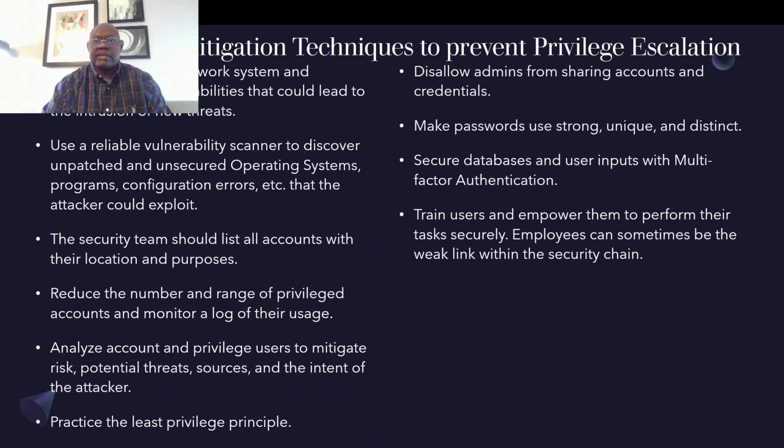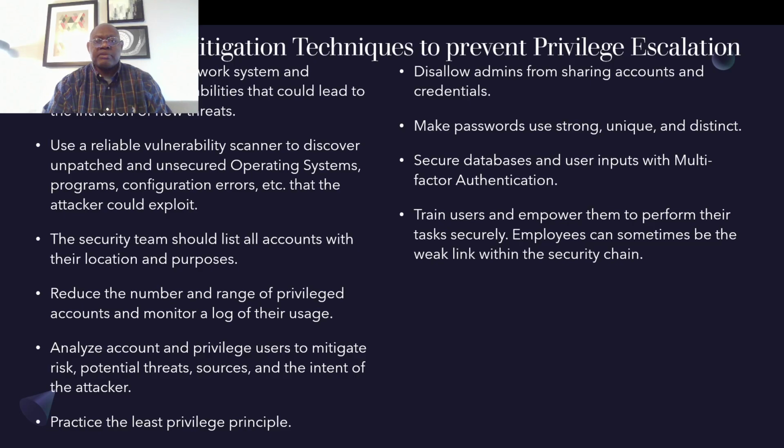Summary of the mitigation techniques used to prevent privilege escalation. Regularly scan the network, system and applications for vulnerabilities that could lead to the intrusion of new threats. Use a reliable vulnerability scanner to discover unpatched and unsecured operating system programs and configuration errors that the attacker could exploit.